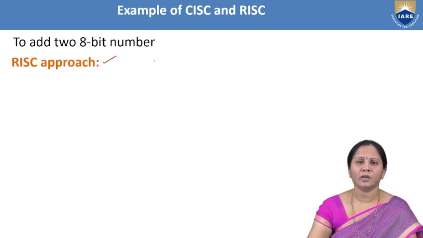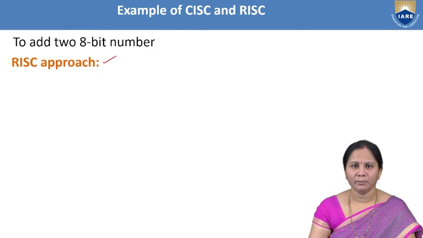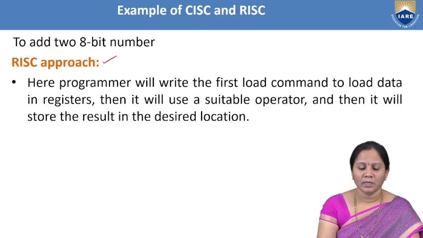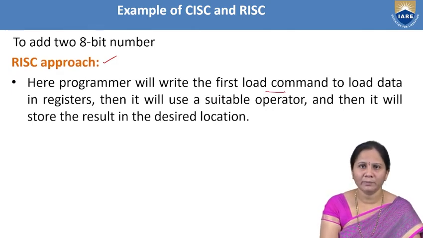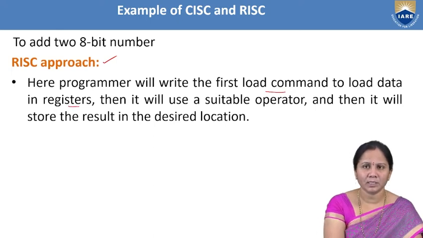RISC stands for reduced instruction set computer. In order to write the program, the instruction set is very simple, so it requires more lines. First we have to load the data into the registers.